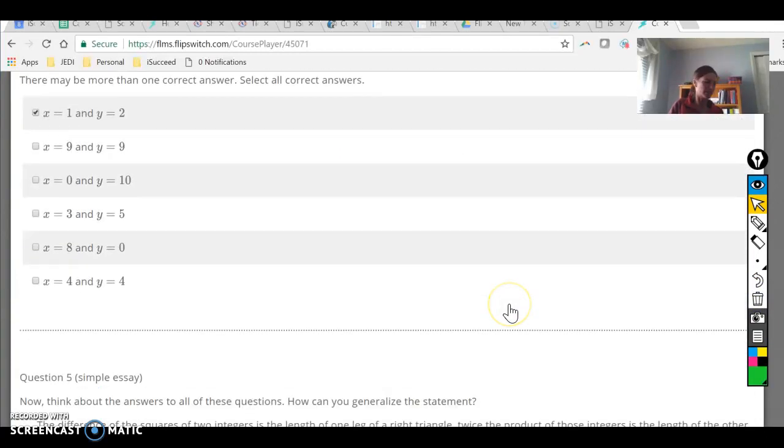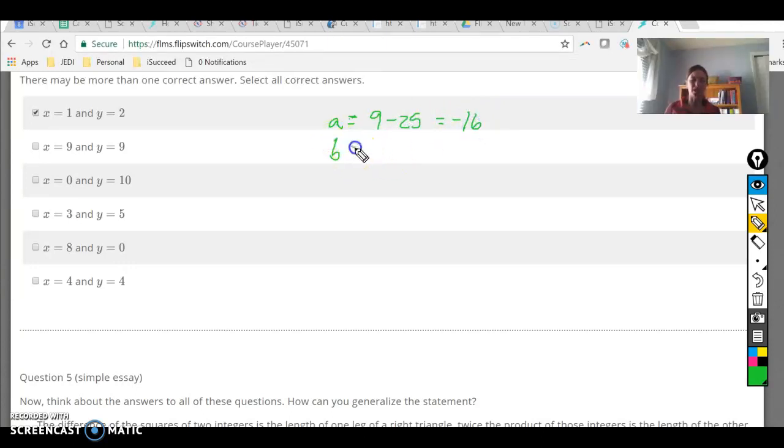There is one more value that works for this, and that is x equal 3 and y equal 5. So A is going to be x squared minus y squared, which is 9 minus 25, which is negative 16.